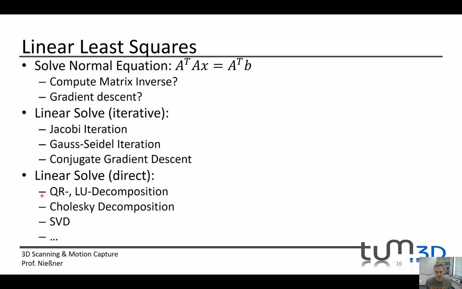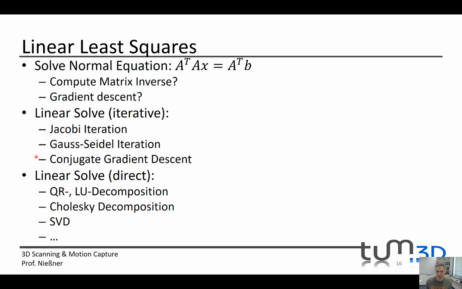And the direct approaches are basically QR decomposition, LU decomposition, Cholesky decomposition, SVD. These are things you should probably know. I would probably expect that you know how SVD works. These have pros and cons, which ones to use respectively. It depends a bit on the problem setting, like which ones work better.